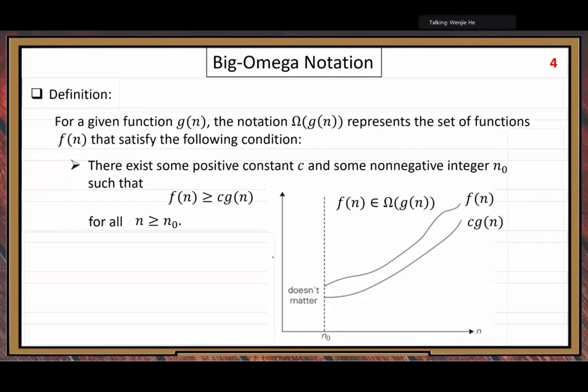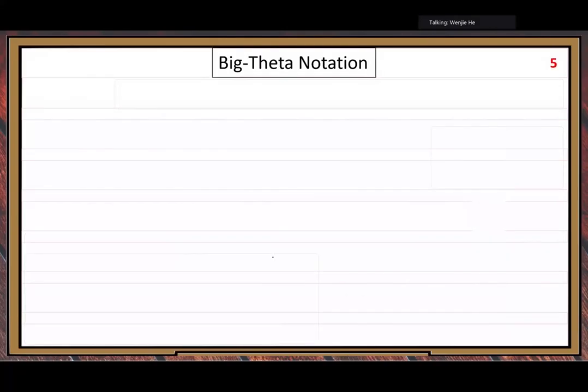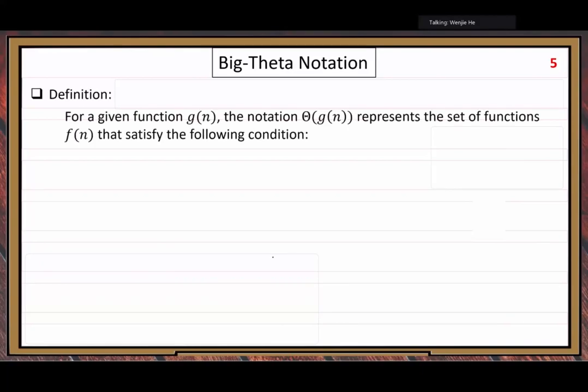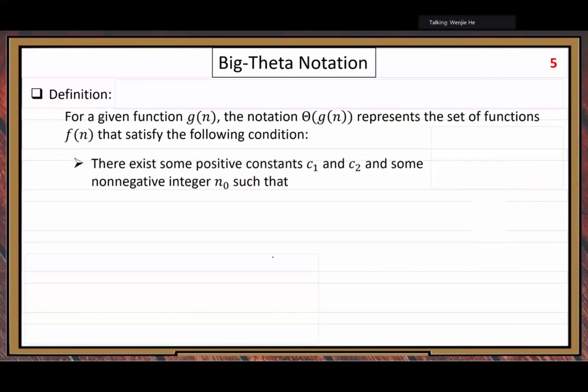Last one, big theta. We saw it before, but this time we write the complete, formal definition for the big theta notation. This time we need to use two positive constants, C1 and C2.